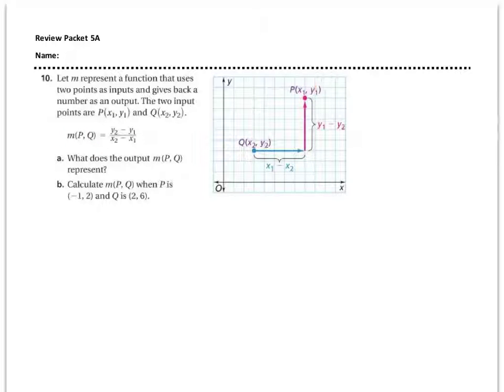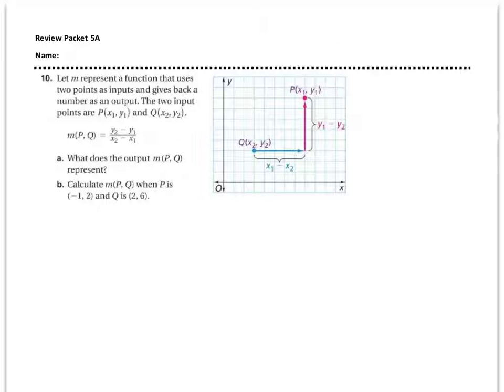That's the slope, right? What does the output M of P, Q represent? Well, I actually told you the answer, right? That's the slope. Second y minus first y divided by second x minus first x, right? Remember that. So calculate that.